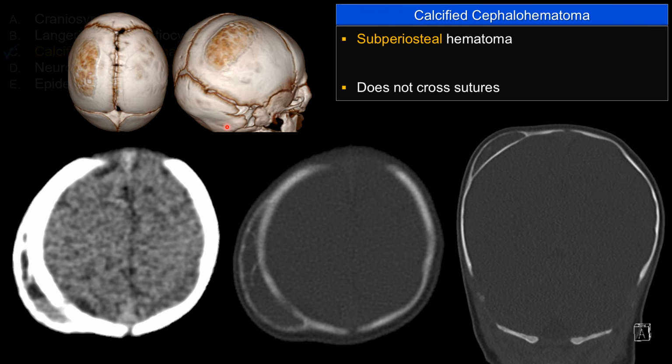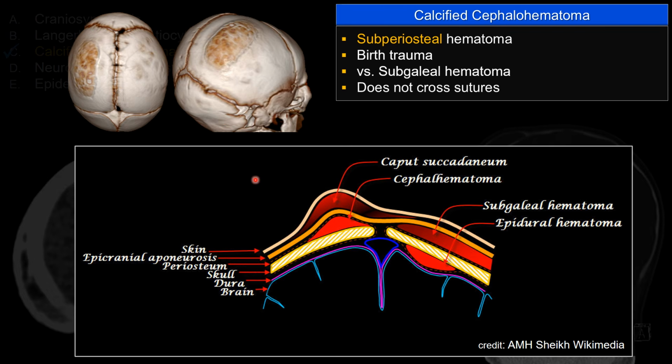Cephalohematoma is a subperiosteal hematoma, so therefore it does not cross suture. It is typically traumatic, especially during birth. Now compare this to subgaleal hematoma. In this diagram, you can see there are differences. Cephalohematoma is bound by periosteum, so it's a subperiosteal hematoma, therefore it does not cross suture.